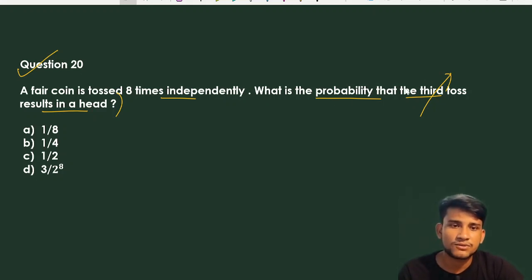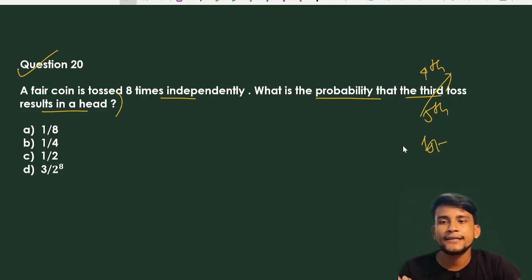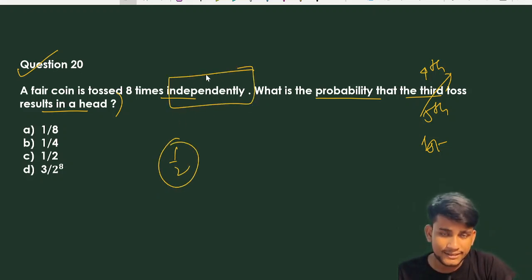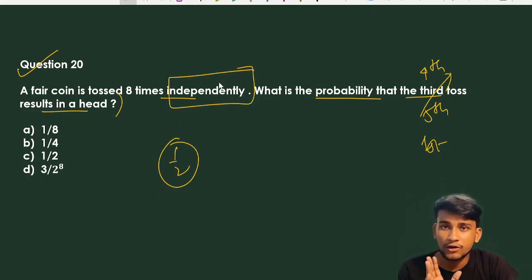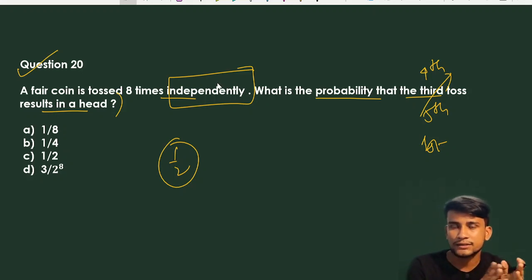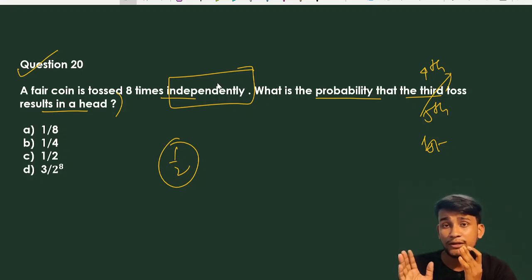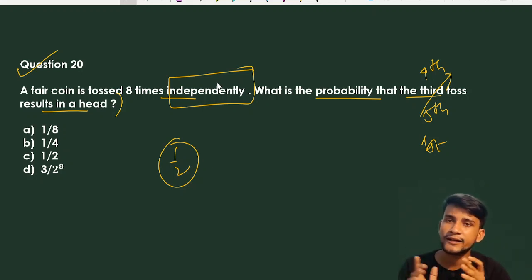If the question asks for the probability of the fourth toss or fifth toss or first toss, in any toss, we know that for a coin the probability of coming up head or tail is half. And this word independent is very important, because from one toss to another toss there is no connection. That means for the first toss the probability of getting head is half and the probability of getting tail is half.